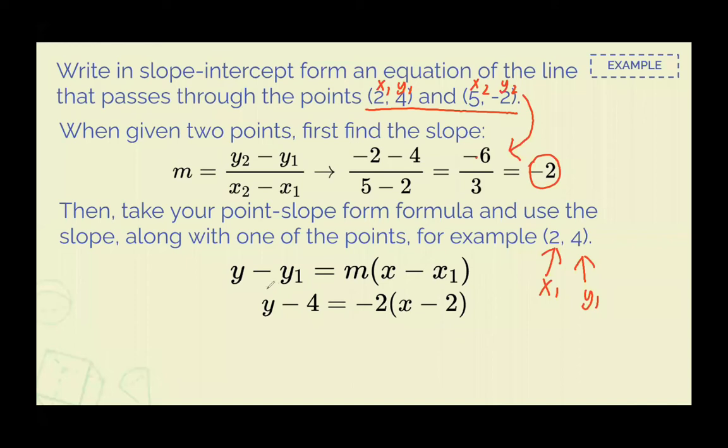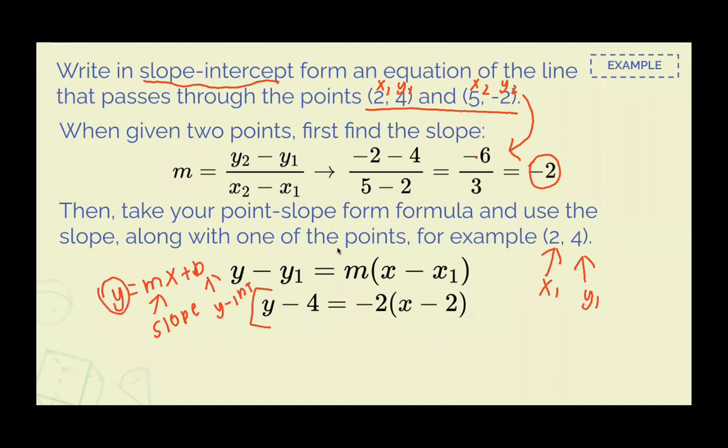Now, this would be finished if they were asking us for a point slope form equation. However, recall that they're looking for slope-intercept form. Slope-intercept form is in the format y equals mx plus b, where m is the slope and b is the y-intercept. Also notice how y is completely isolated.